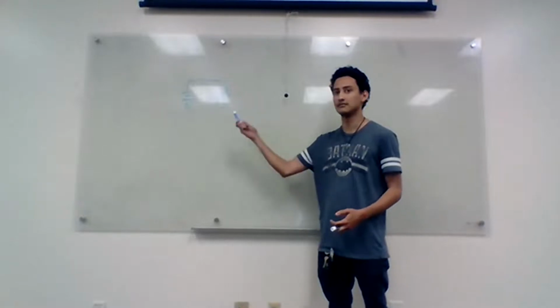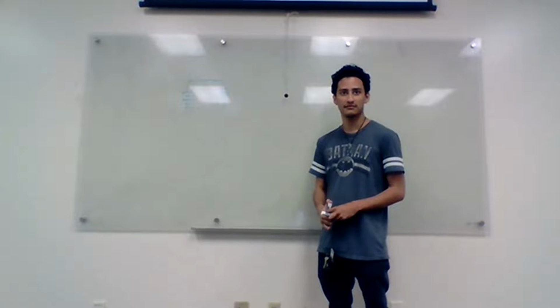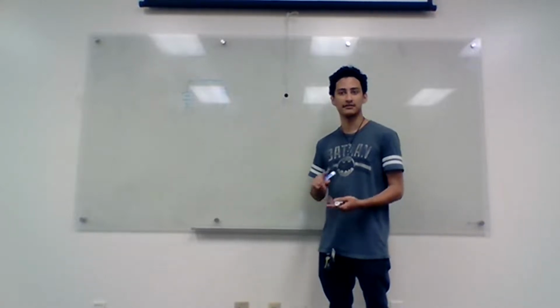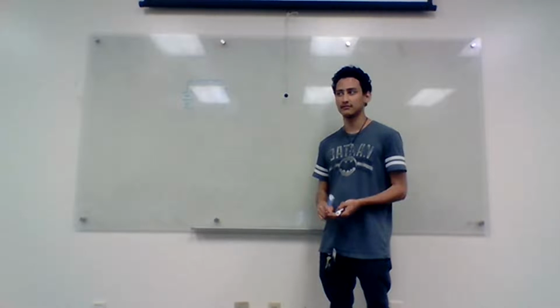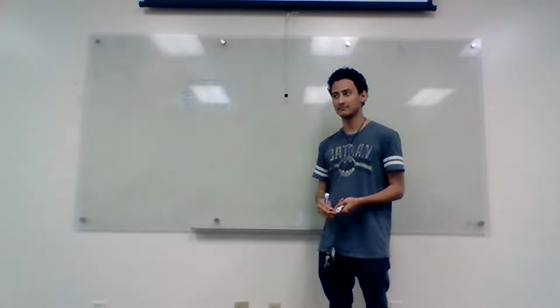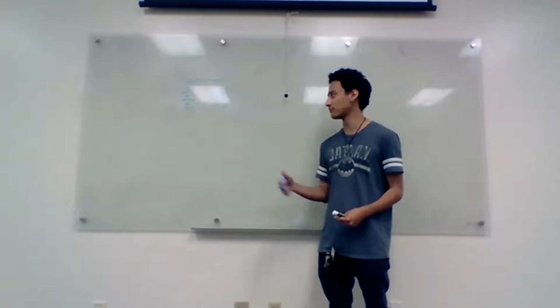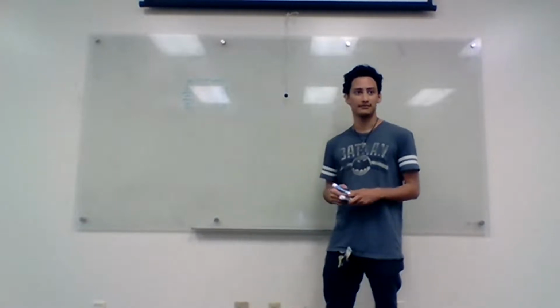Can you tell me what the KVL and KCL equations are for this? That's how you find ID, that's how you find VD. You can't just assume 0.7 volts across the diode. You got to find it. And you got two unknowns, you got VD and you got ID. That's it. So you build up your system of equations and then you solve.